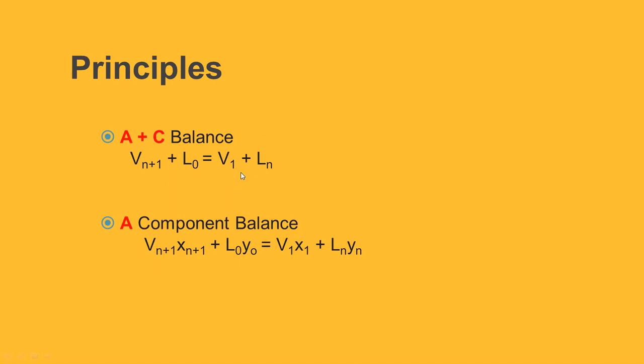Now we can do component balance as well, and it is suggested that we do the solute component balance in our leaching. So for the terms in the overall material balance, we simply multiply with the corresponding concentrations X and Y. As you could see, they were all multiplied by X and Y.